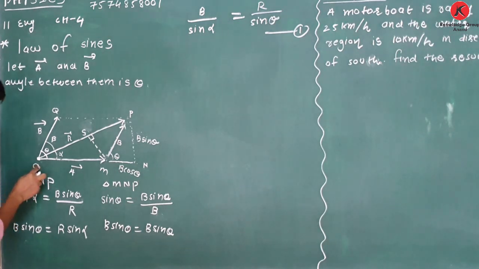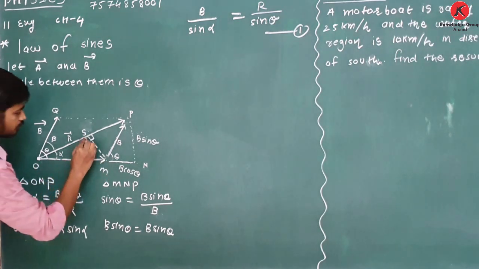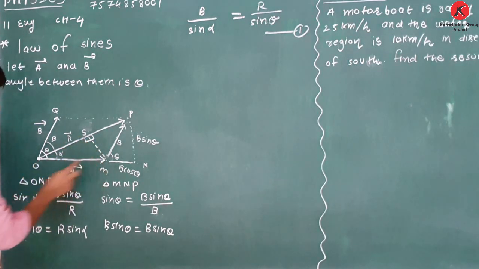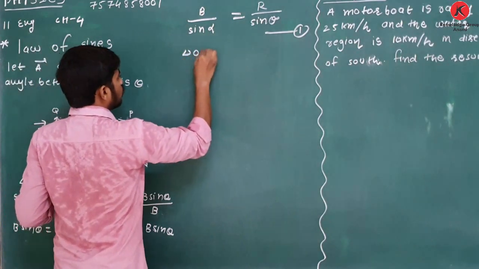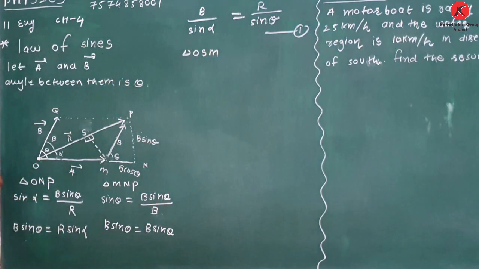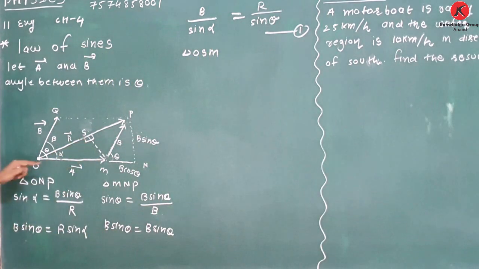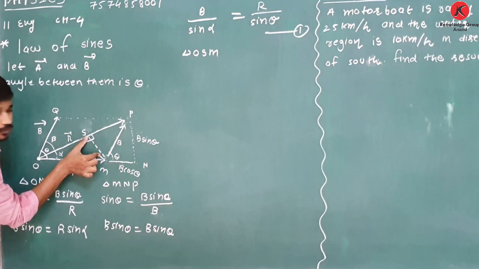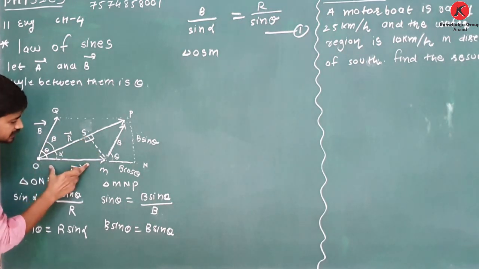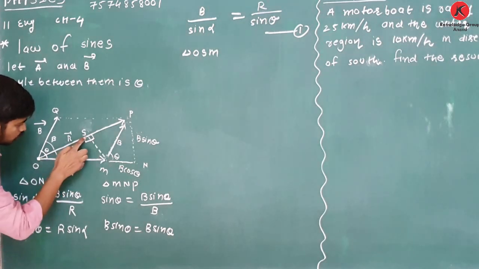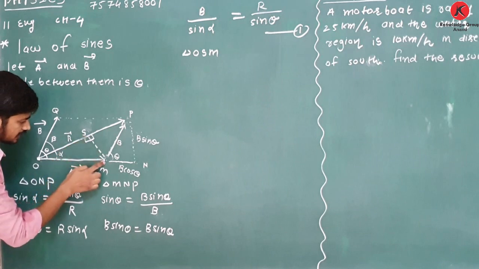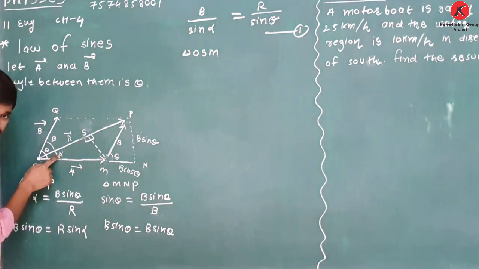Now we have to take another two triangles. Which triangle? OSN, because it is 90 degrees. In triangle OSN, this is angle alpha.